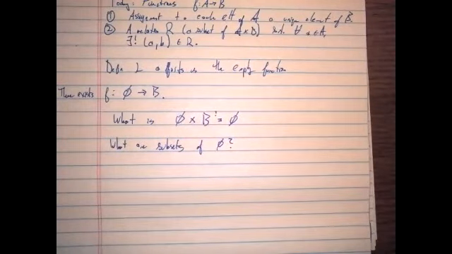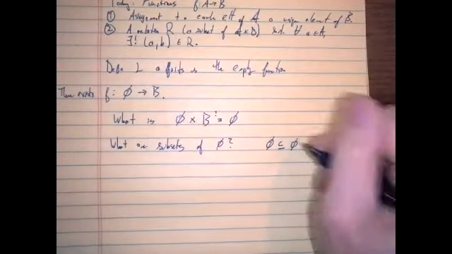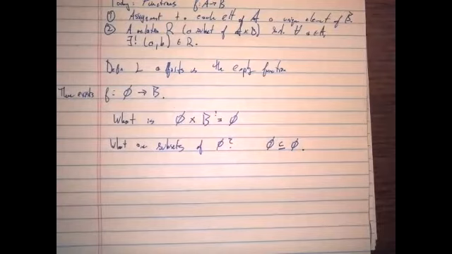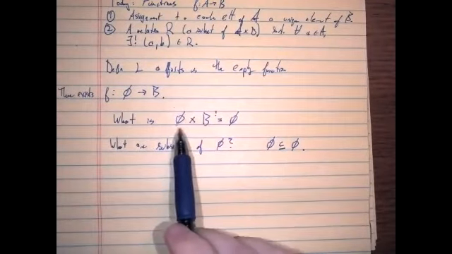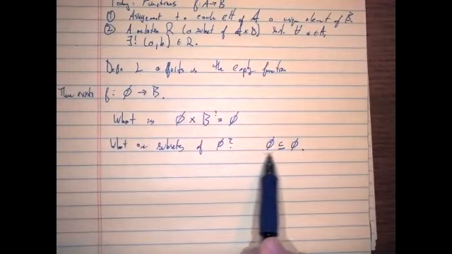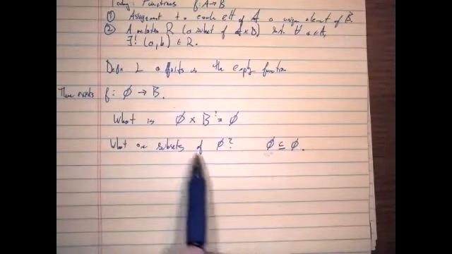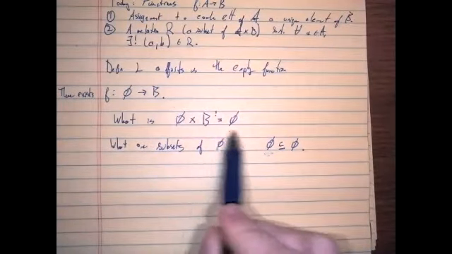There's a unique subset of the empty set, and that is the empty set. So the only possible relation on the empty set cross B is the empty set. And the empty set is indeed a relation on the empty set cross B because it's the empty set.